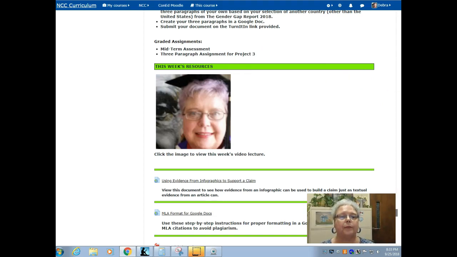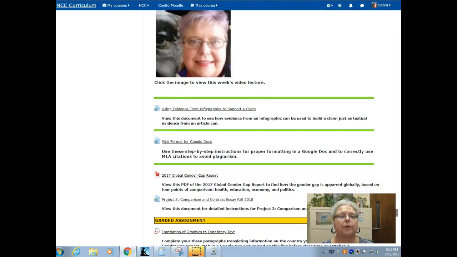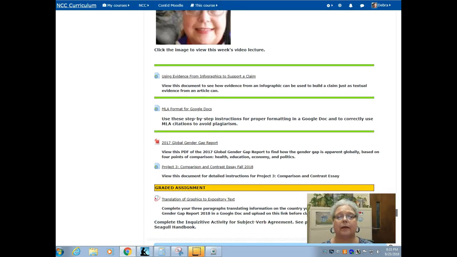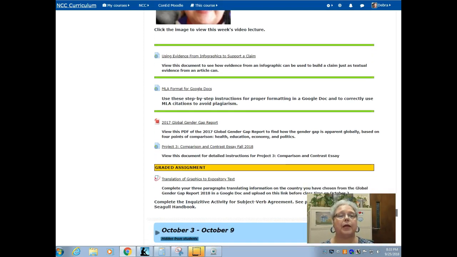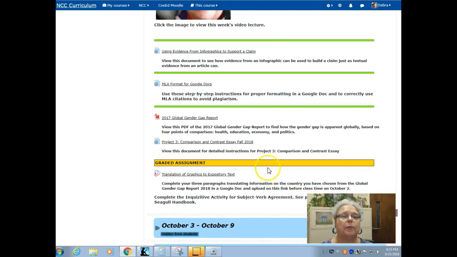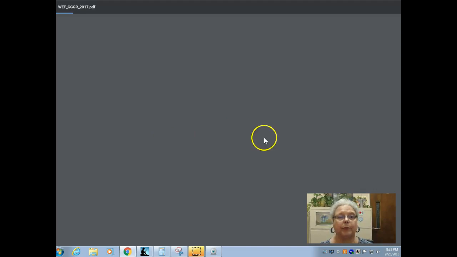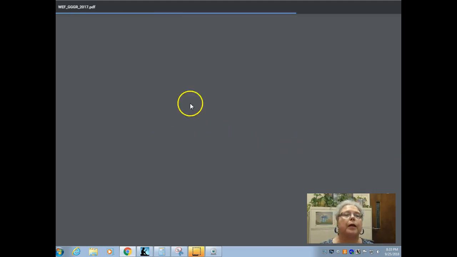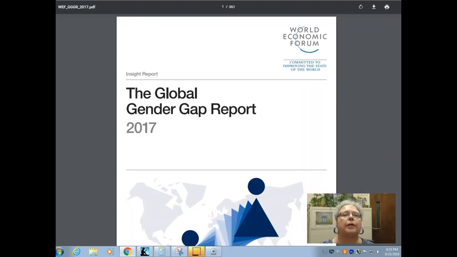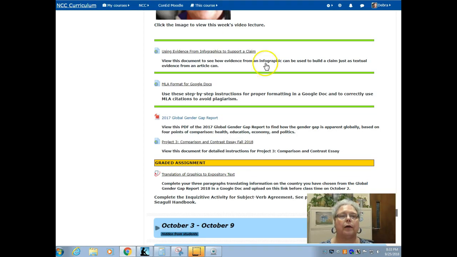So let's pull that document up and you'll see. We're not writing the whole essay this week. We'll get back to the essay next week, but right now we're just going to pull up this 2017 Global Gender Gap Report, because this is what you're going to use to find the information for the 3 paragraphs that you're going to write. Now, in the document, let me go back and pull the document up too.